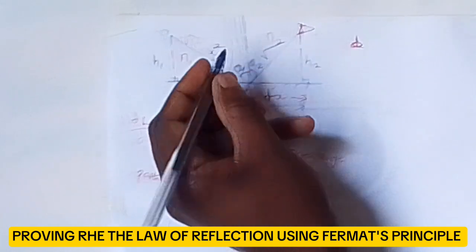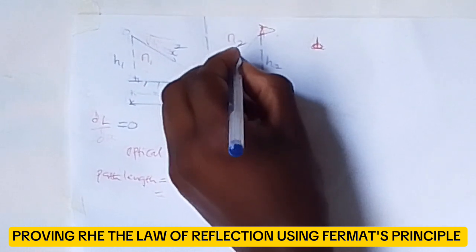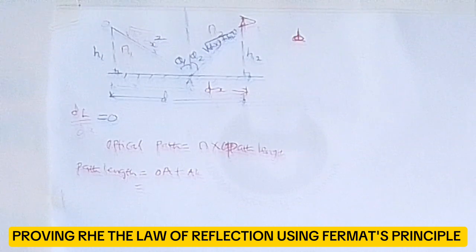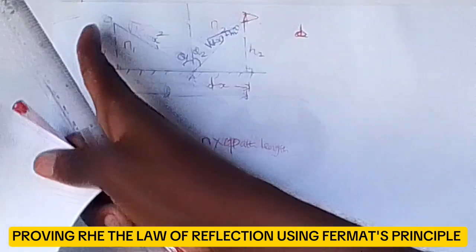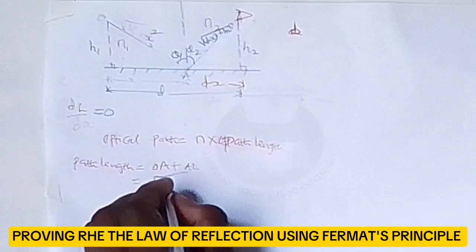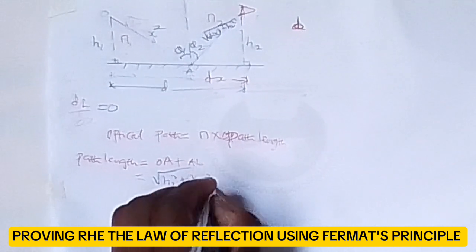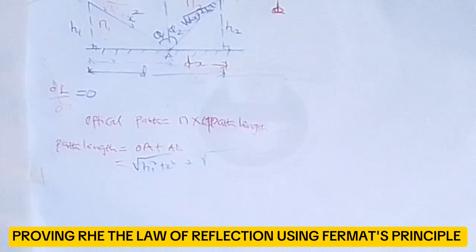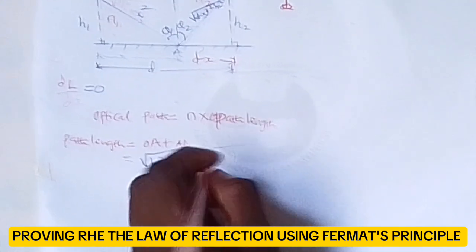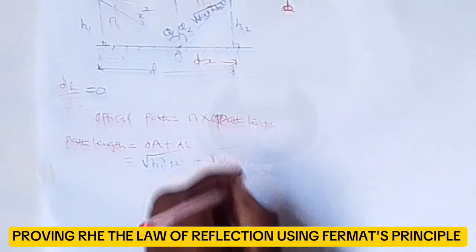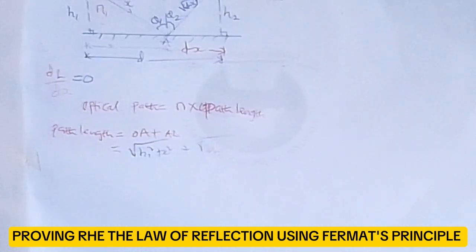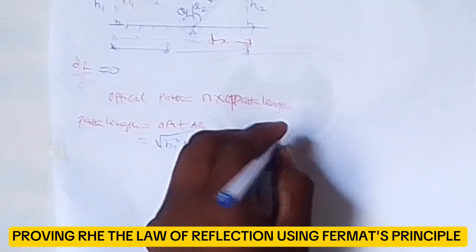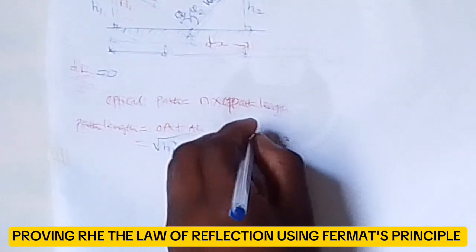So this will be the square root of (d minus x) squared plus h2 squared. So our OA will be the root of h1 squared plus x squared. Then our AD is the root of (d minus x) squared plus h2 squared.